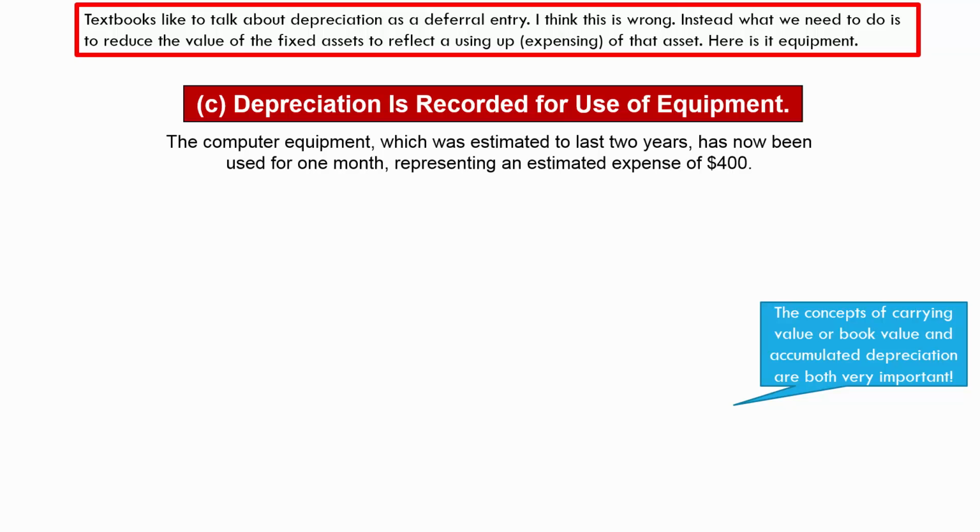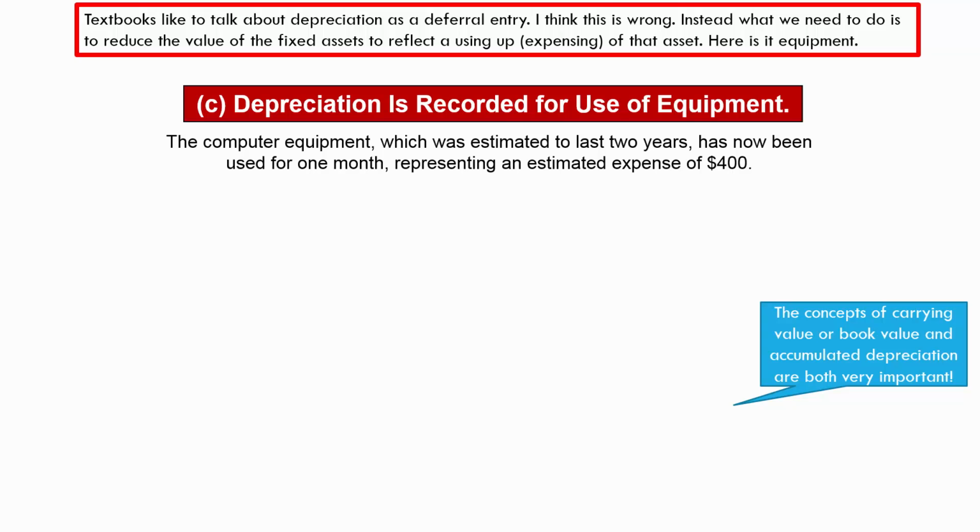And the part about this that's a little confusing is instead of crediting the asset and debiting an expense, we have another account which we use, and not the computer equipment account, but the account accumulated depreciation. It was on that unadjusted trial balance we had a moment ago.